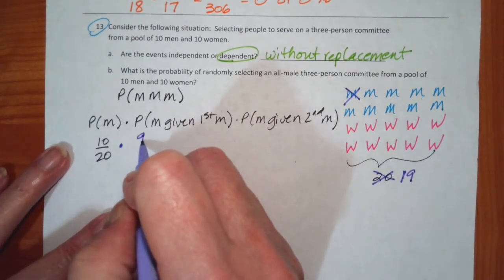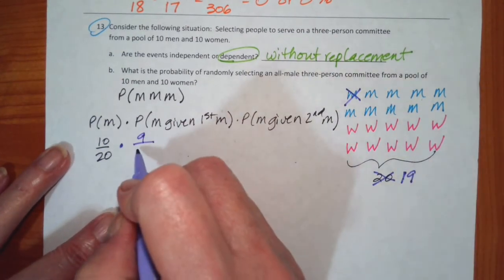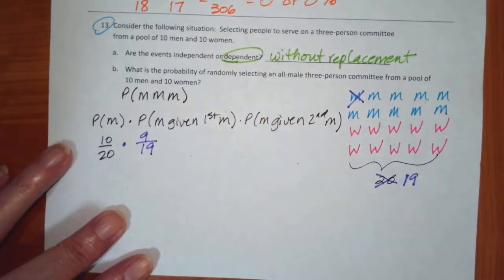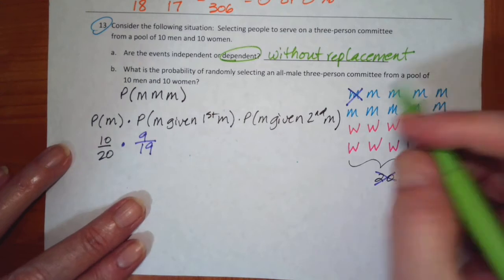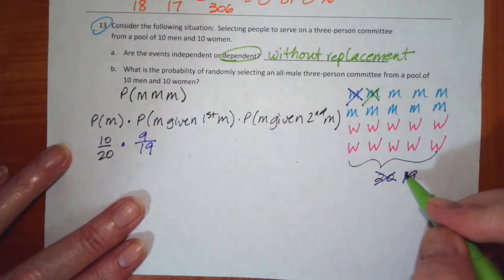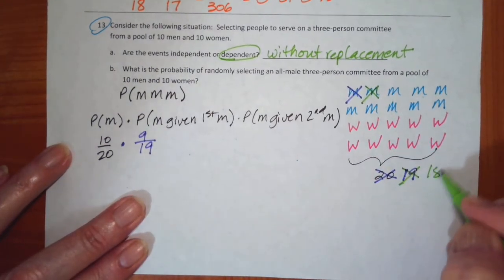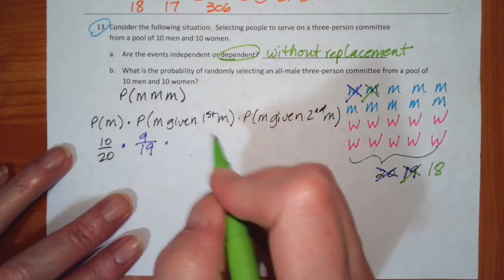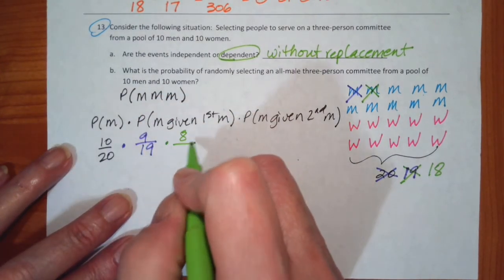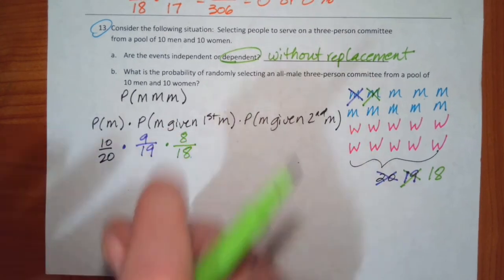So there are now 9 out of 19. So another man is gone, and we're down to a pool of 18. So there are 8 men remaining out of the 18.